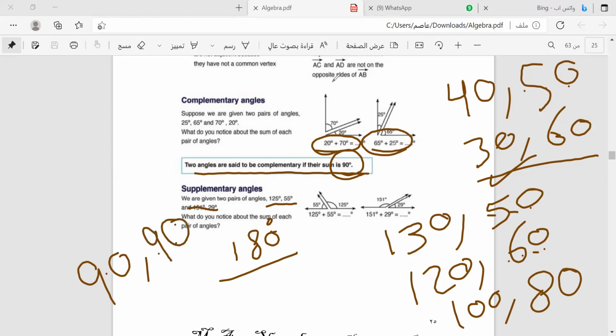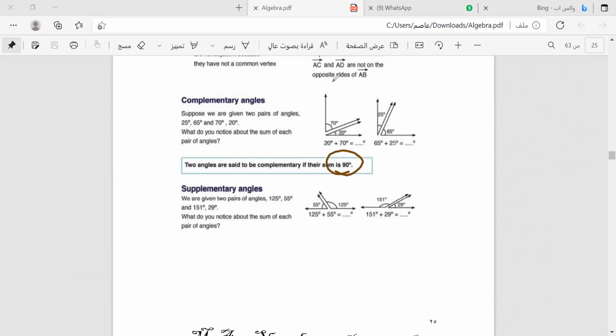So we have two complementary angles and two supplementary angles. Complementary angles, their sum is 90. Supplementary angles, their sum is 180.